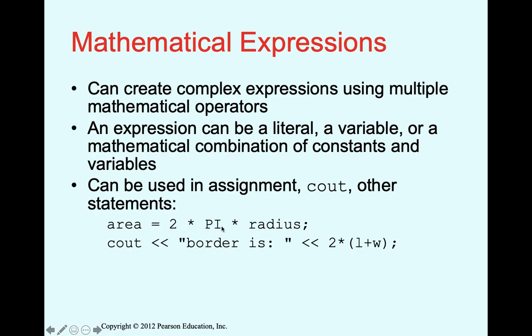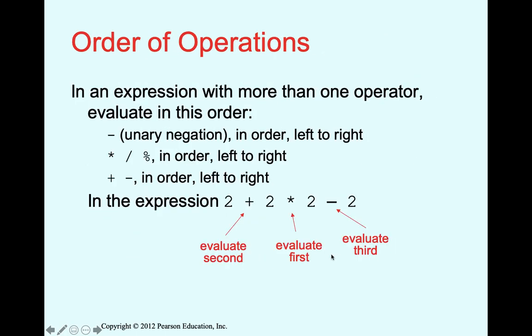Here we are using a mathematical expression in an assignment. We want to assign the value to the area, and here we're using a mathematical expression in the cout. It also works. In a mathematical expression, we should know the order of operations. The most important operation is the unary negation, but we know this by default.